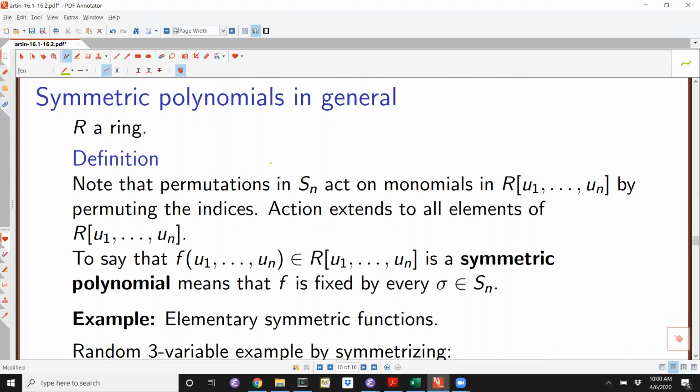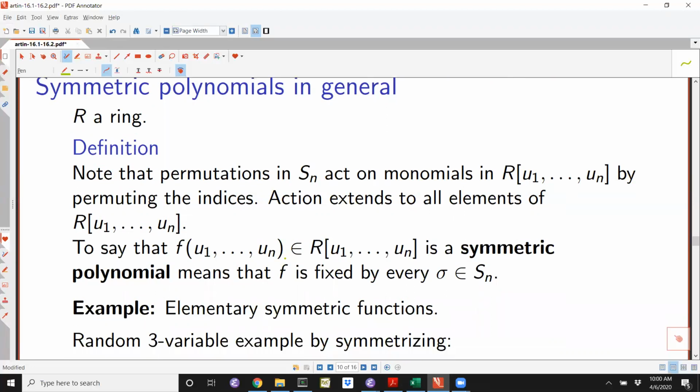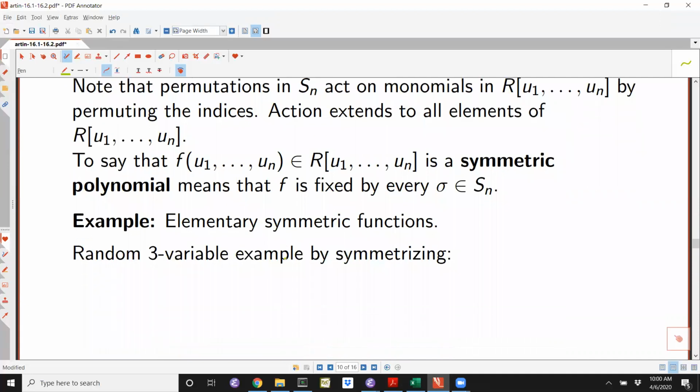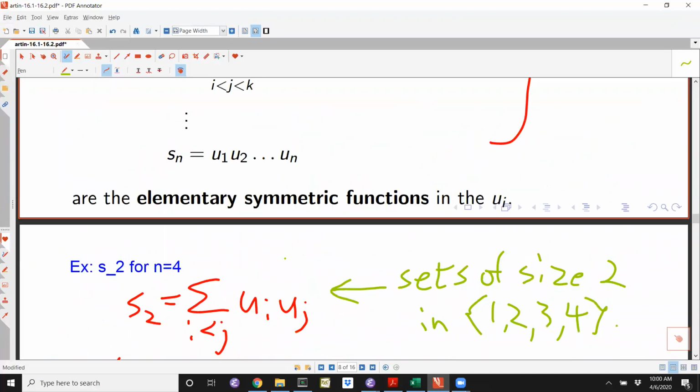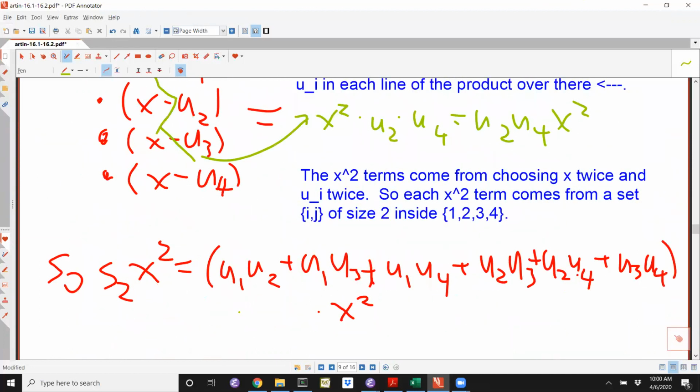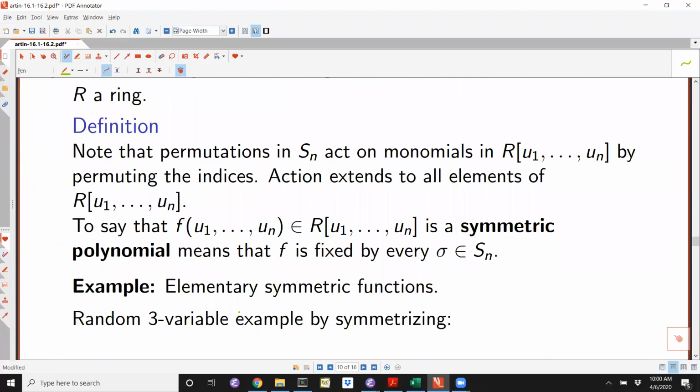To say that f of u1 through un is a symmetric polynomial means that f is fixed by every permutation in Sn. For example, as we just saw, the elementary symmetric functions are all symmetric polynomials, so this is a generalization of those.